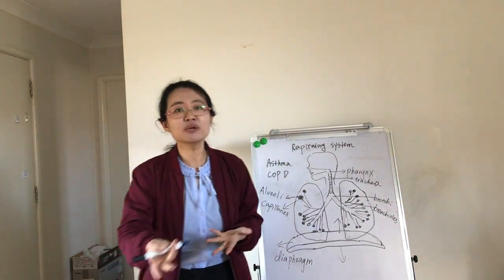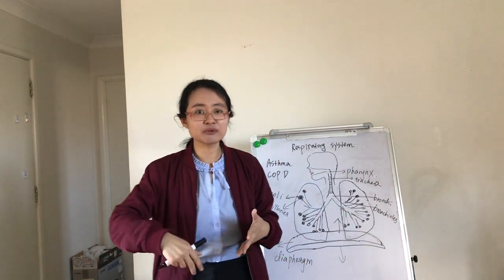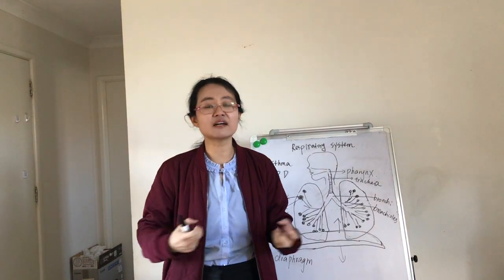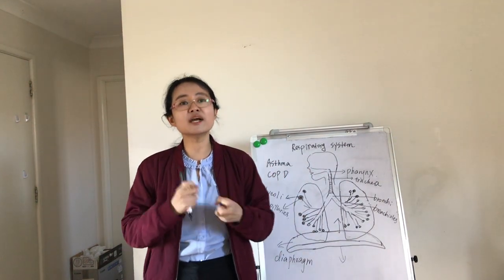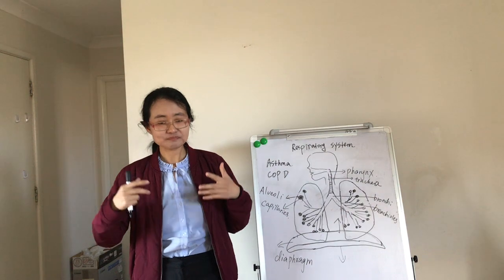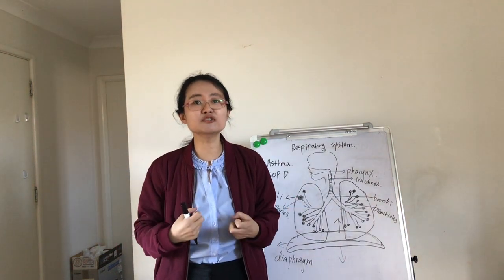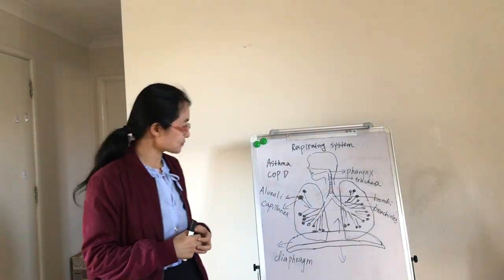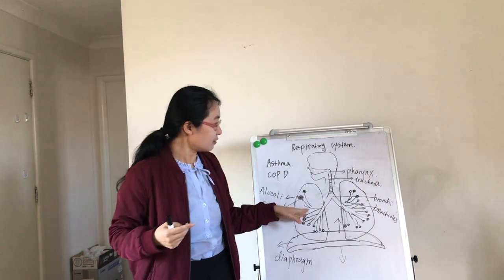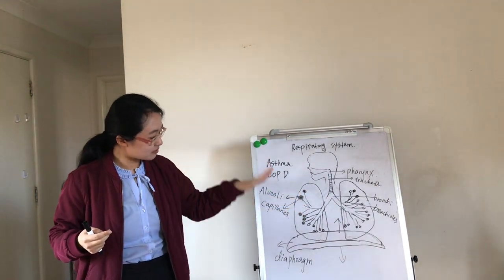So that's why we breathe in oxygen and breathe out carbon dioxide. Carbon dioxide is a waste product after your body has consumed the oxygen. So that's the whole process.